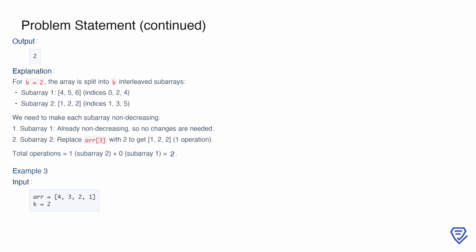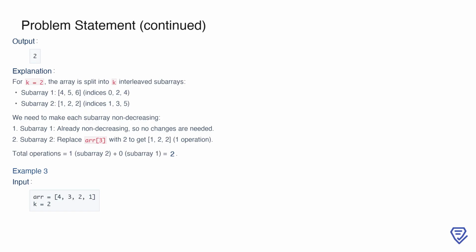Now, let's examine a second example with the array 4, 1, 5, 2, 6, 2, and k equal to 2. Here, the array can be divided into 2 interleaved subarrays based on k. The first subarray consists of elements at indices 0, 2, and 4, which are 4, 5, 6. The second subarray includes elements at indices 1, 3, and 5, which are 1, 2, 2. To satisfy the k-increasing condition, each subarray must be non-decreasing.